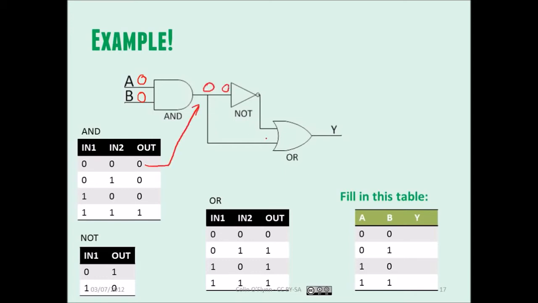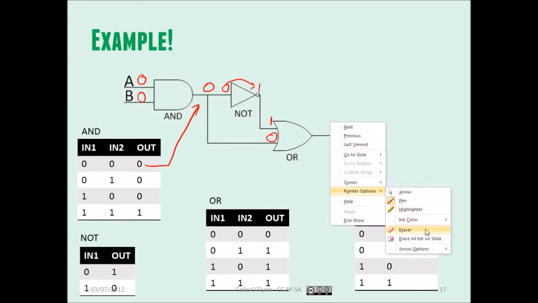So there's a 0 to one input of the OR gate, and the NOT gate will invert this and give you a 1, 1, 0, so the output's 1. And then you can just go through for each other option.